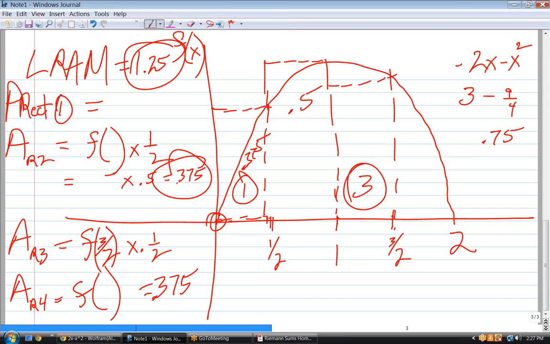And then times the 0.5. Ah, there we go. And this rectangle over here, which uses right ram, is 0. So we got the same for right as we got for left. Yeah. And now let's do mid.